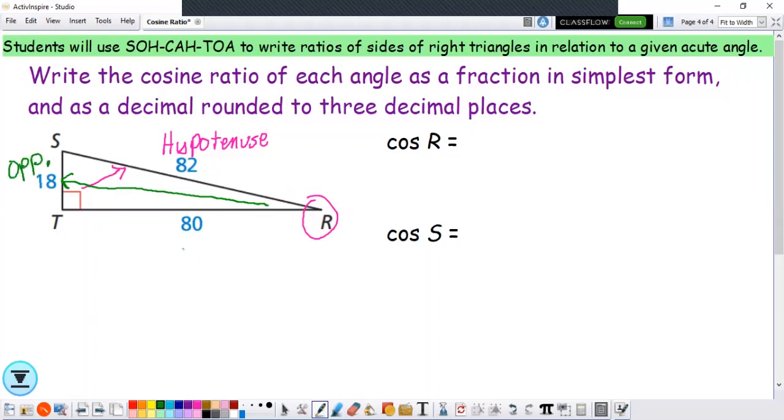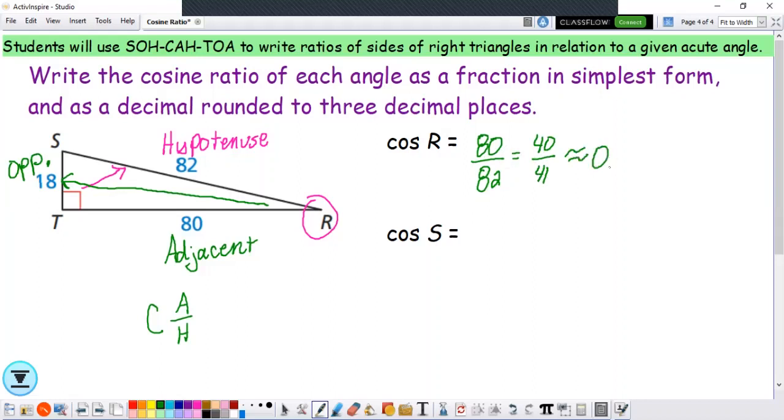That is 18, which means the 80 has to be the adjacent side. Reminding ourselves that cosine is A over H, our adjacent is 80. Our hypotenuse is 82. Both numbers are divisible by 2, so this simplifies to 40 over 41. And as a decimal to 3 decimal places, we have 0.976.